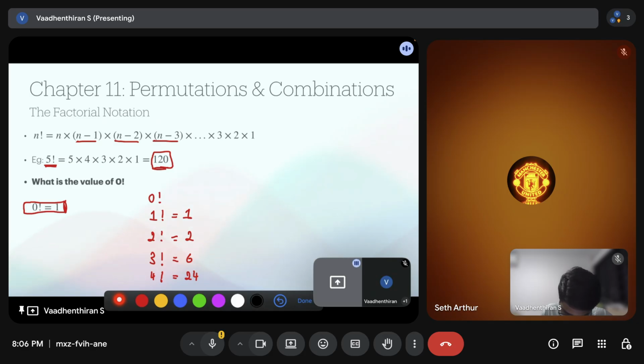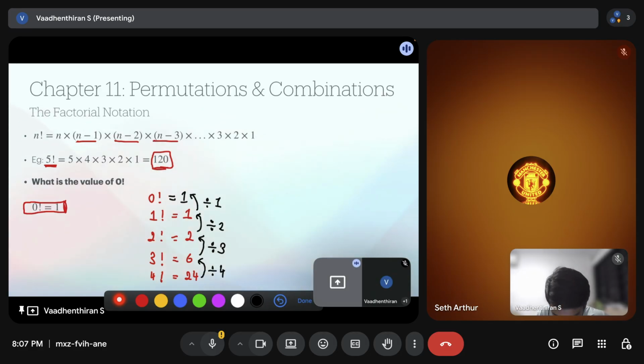There's a pattern you can see here. 24 divided by 4 is 6. 6 divided by 3 is 2. 2 divided by 2 is 1. And 1 divided by what's the pattern? So it's basically 1 divided by 1, which is also 1. So that's why you get 0 factorial as 1. It is just a simple pattern which you can recognize.